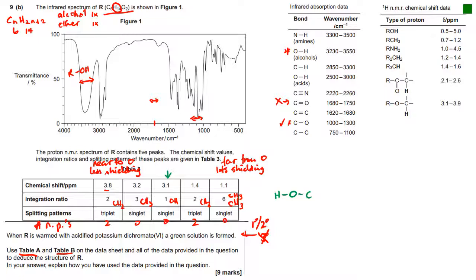Second thing we can write down is we can have a look at this CH2 group. This CH2 group has a high chemical shift, which means it's close to an oxygen. And this CH2 group has a low chemical shift, which means it's further away from an oxygen.